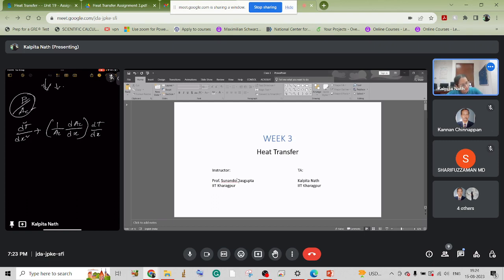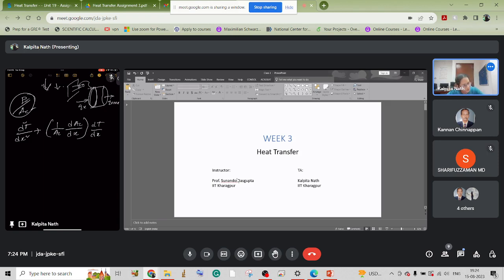If the cross-sectional area of the fin is changing, like if this is the fin and we take this small cross-sectional area here, then this is q_x and this is q_(x+Δx), right?